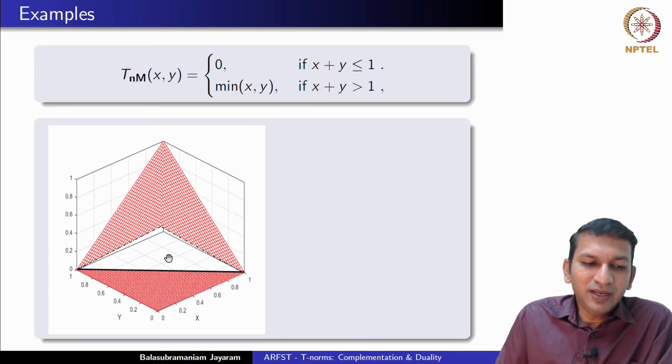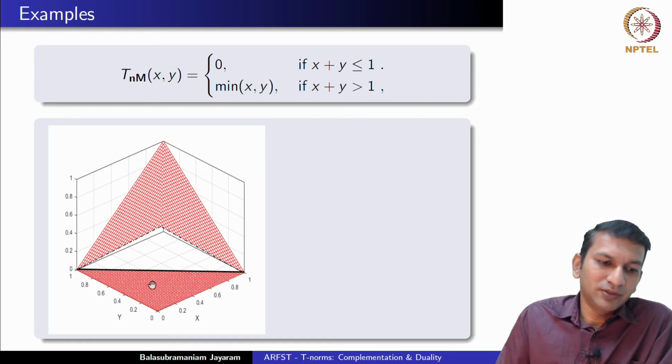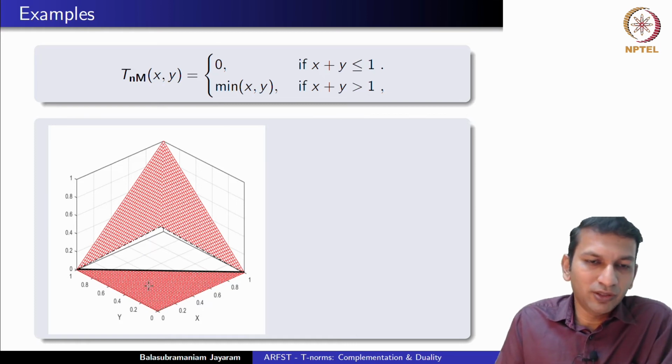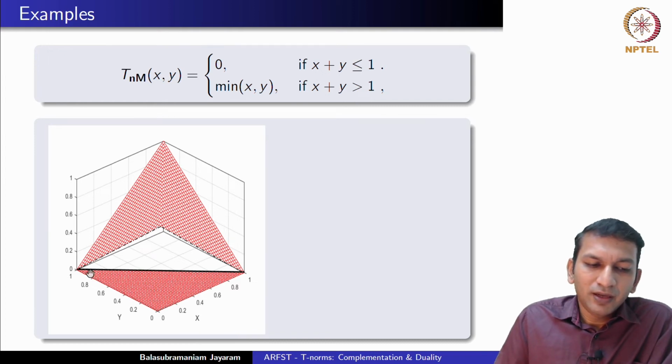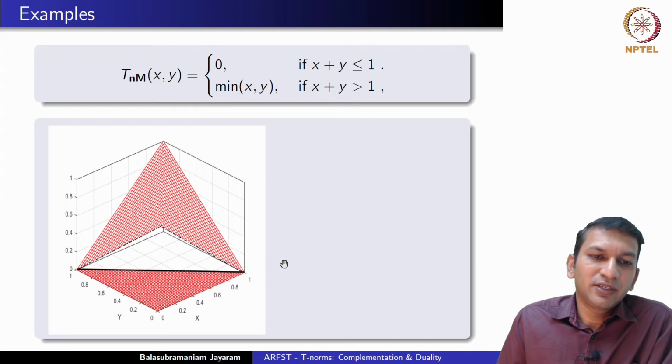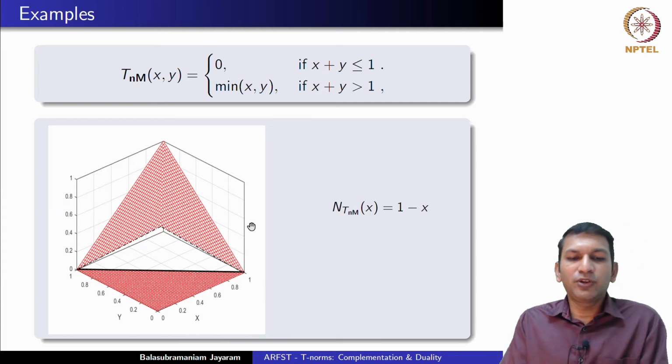Clearly you have this 0 region, part that is on the floor and the rest of it actually above. Now you see that this black line tells you the boundary belongs to the floor, and this dotted black line tells you the boundary doesn't belong to the surface that's above the floor. So once again, it is much like the Lukasiewicz T-norm setting. If you start with any x, you can only go up to 1 minus x. That's the boundary of the 0 region.